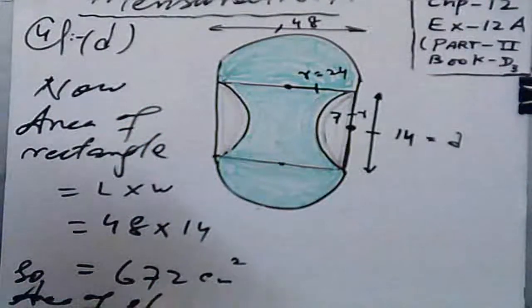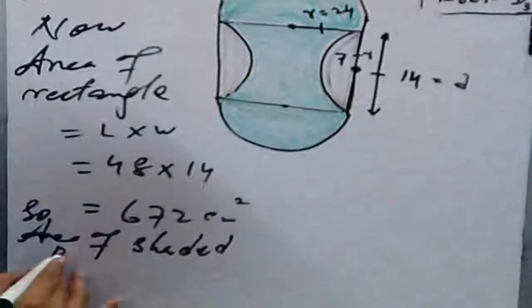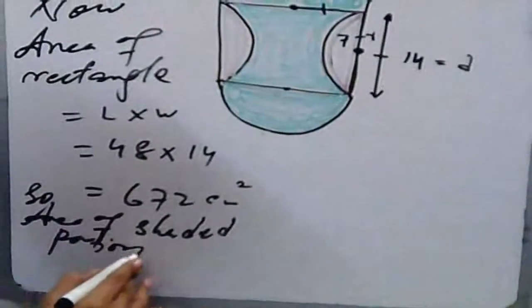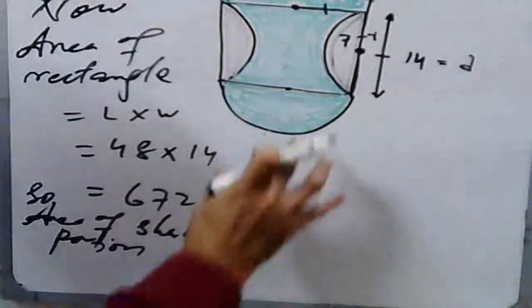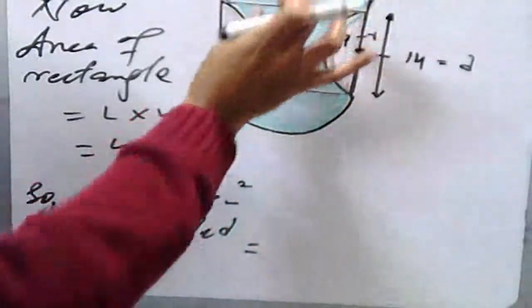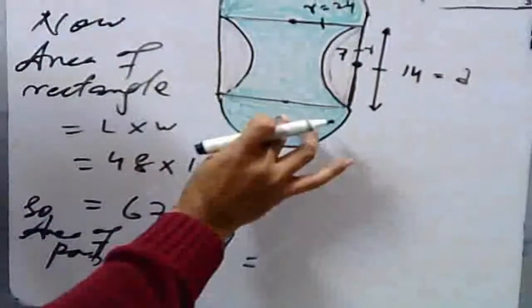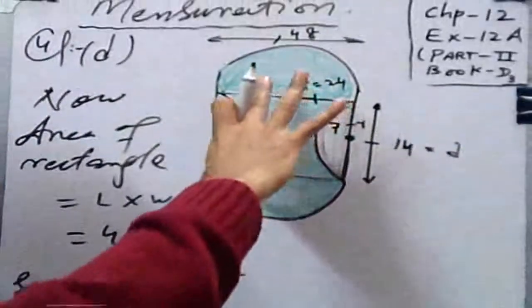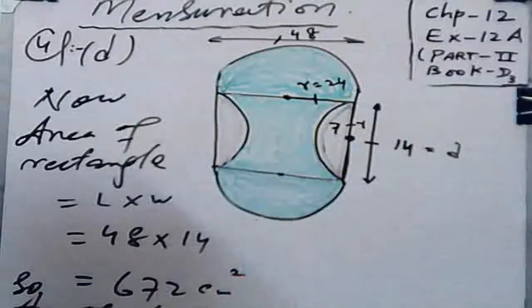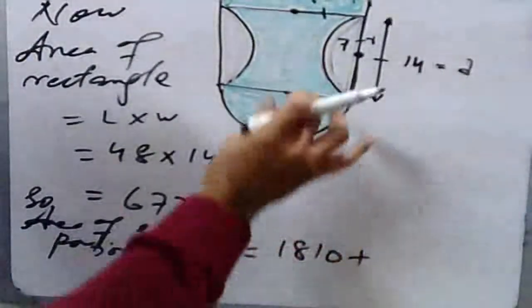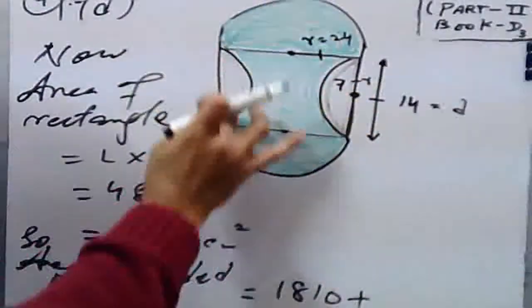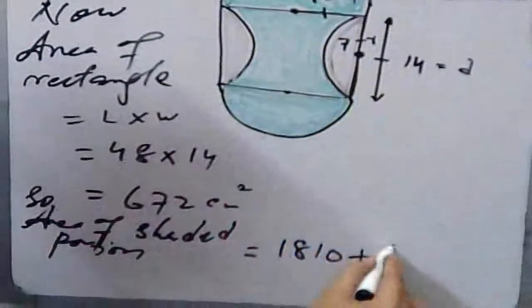So the area of the shaded portion will be equal to, we know that actually the shaded portion is this one, this one, this one. We use the area of the two semicircles, which is equal to 1810, and the area of the rectangle, which is equal to 672.